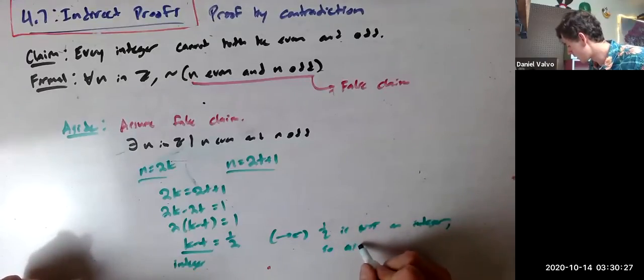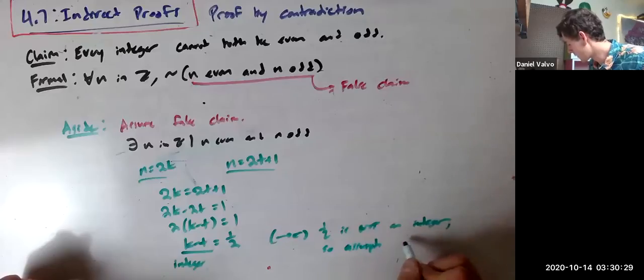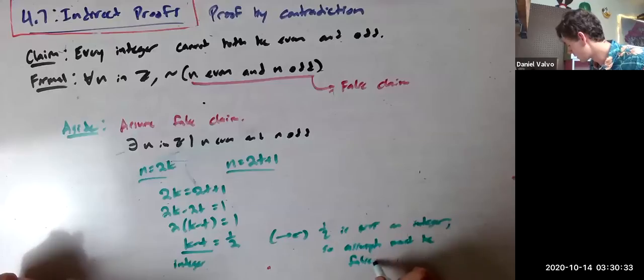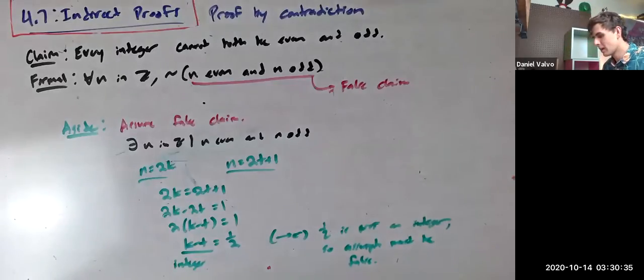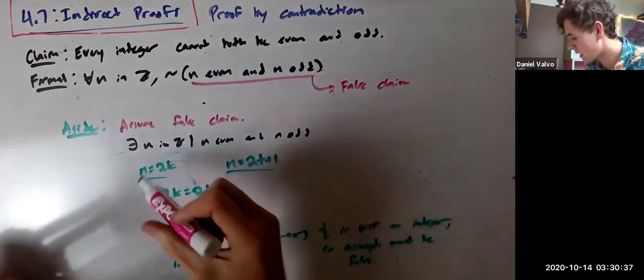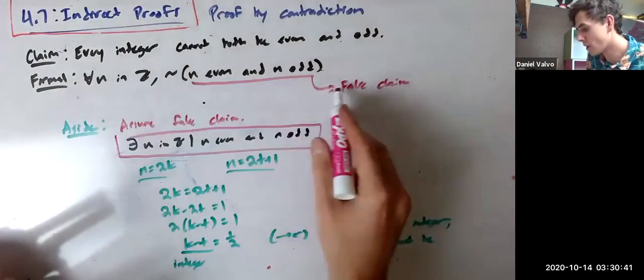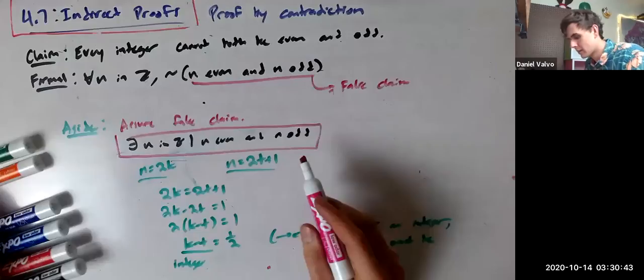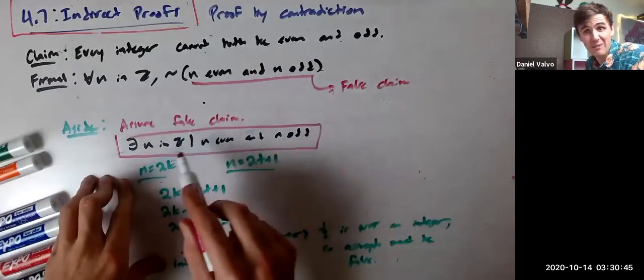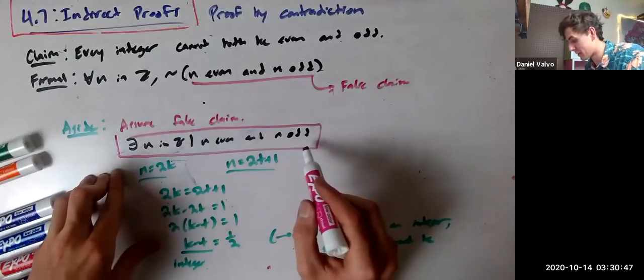So the assumption must be false. So really, all we did here is we assumed the negation of our statement. This is like the claim, the same thing as the witness in the shower.